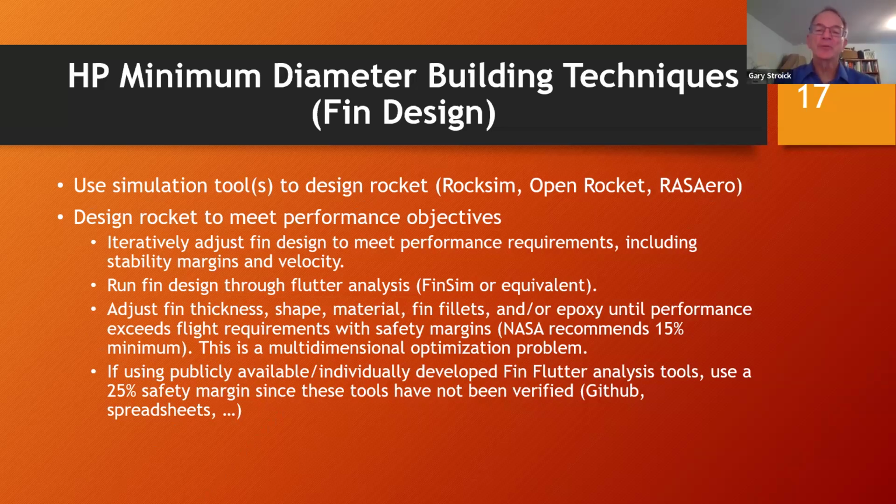And NASA, when they make fins for their rockets, they obviously have very sophisticated analysis programs, and they generally recommend a 15% margin between the fastest speed and the speed they're going to fly, in order to make sure that they do not have an issue with their fins. But I would recommend, in this case, at least a 25% safety margin, so make sure that your fins do not break through the flight.